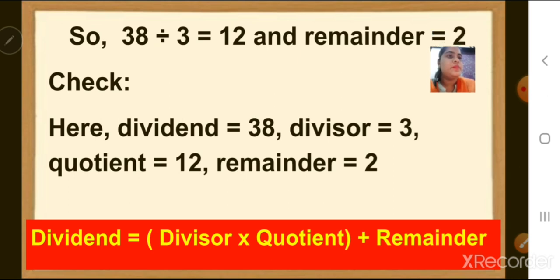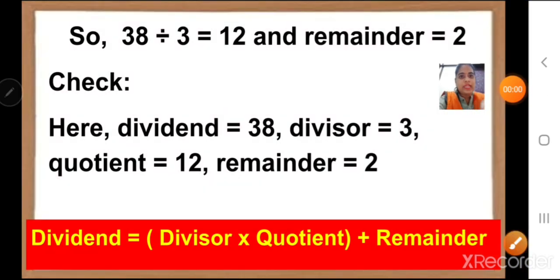Now note down the answer. 38 divided by 3 is equal to 12 and the remainder is equal to 2. Then we have to write check. Here dividend is equal to 38, divisor is equal to 3, quotient is equal to 12 and remainder is equal to 2.